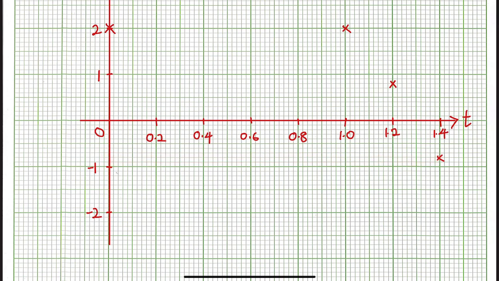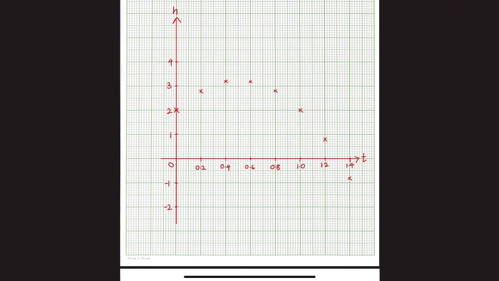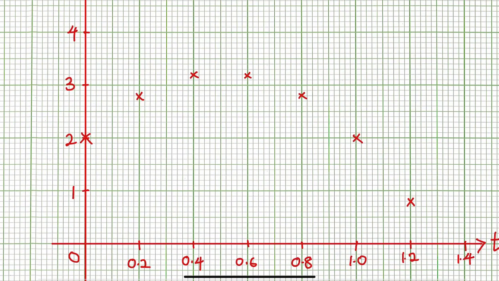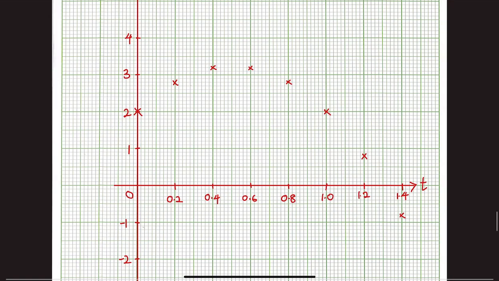Okay, then once you have plotted your points, you can now sketch your graph by connecting the points together. So connect nicely. Your points, all the curve should touch each other. So I should have something like this. Okay, I'll do my best.